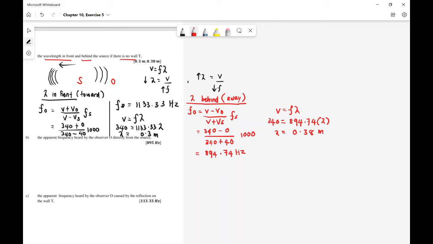Cuma dalam video kuliah source ni moving to the right, jadi lambda dekat right tu yang jadi move toward. So yang dekat right tu yang squeeze, and then dekat behind dekat left tu, lambda dia ataupun wave front dia stretch, dia lebih besar.